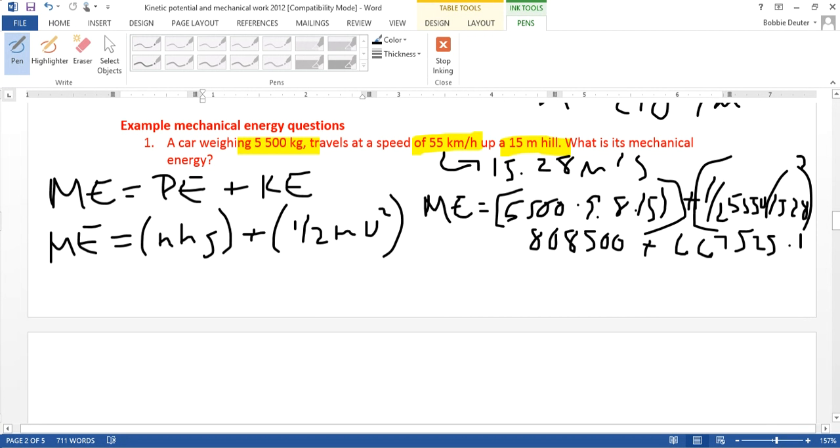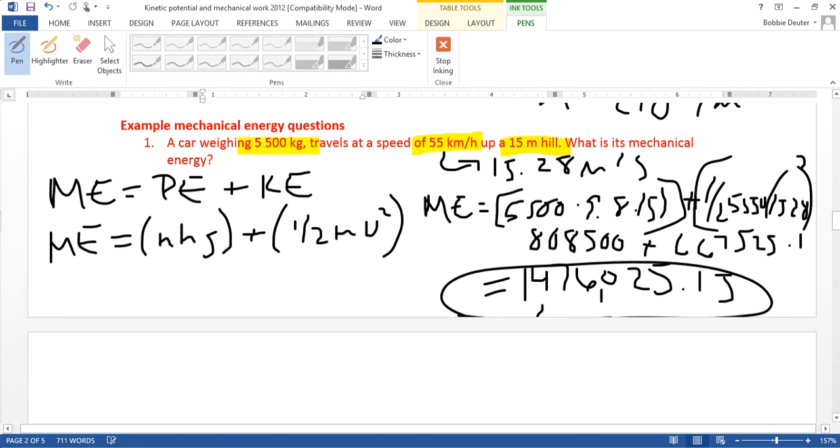All in joules. We add those together, and our mechanical energy is 1,476,025.1 joules. So over 1,000,000 joules of energy. Now, we know that system is conserved. So this should help you do those problems. Remember, convert if needed.